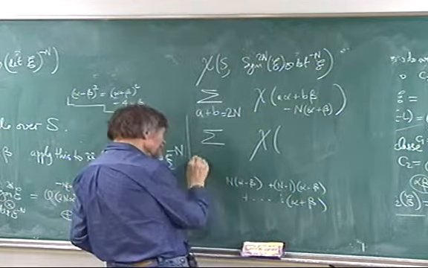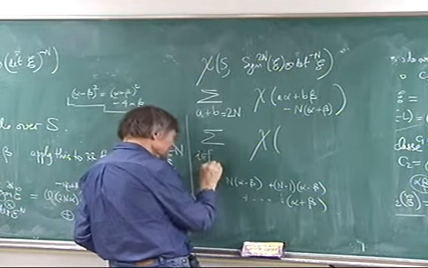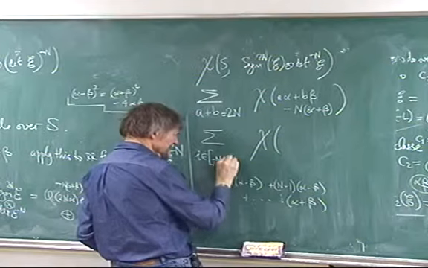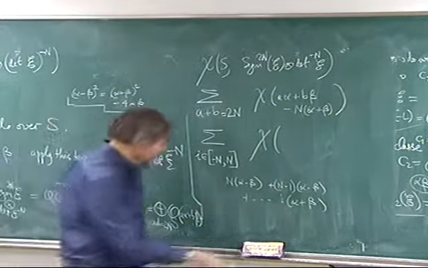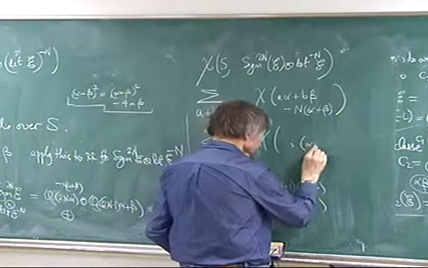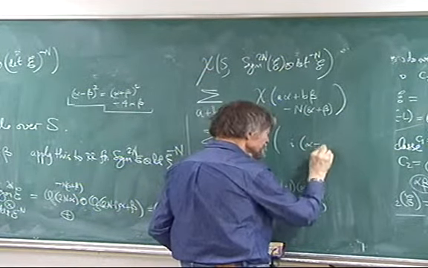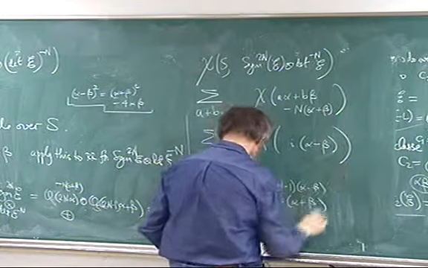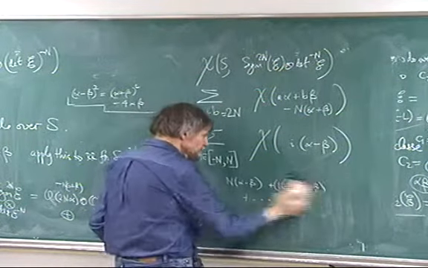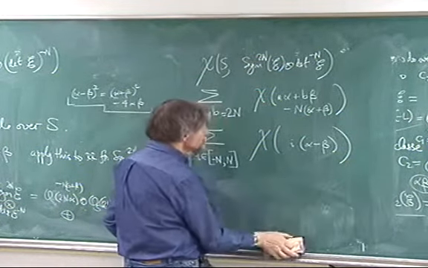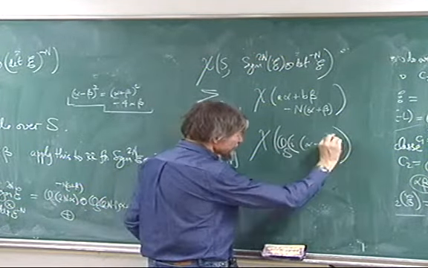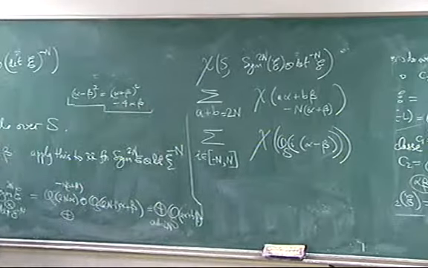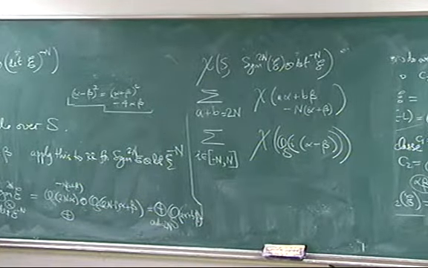So it's a sum for I in the range minus n up to plus n. There are 2n plus 1 terms here, and I'm pretending that I can deal with these as if they were just sheaves over S. So that's the splitting principle.